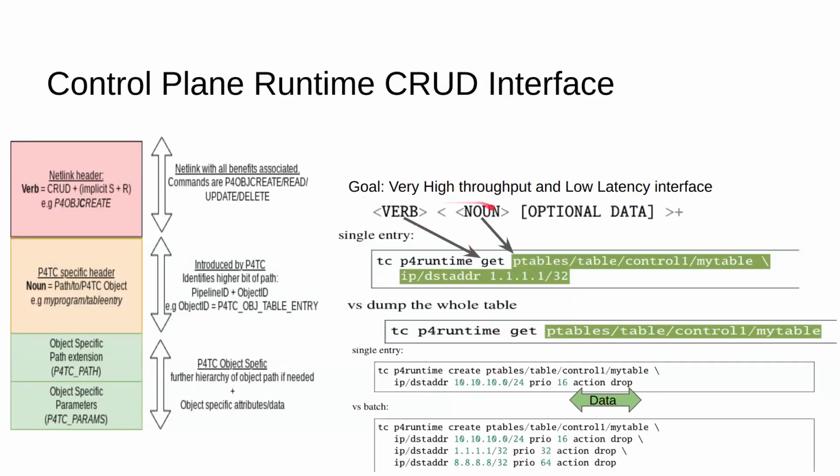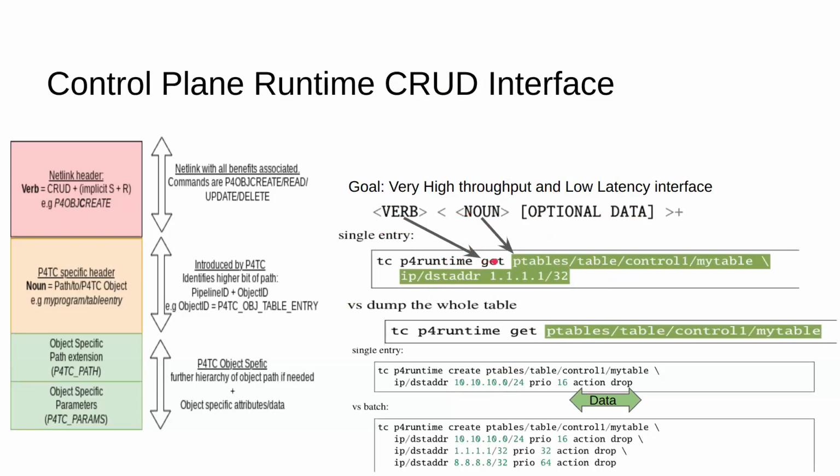There's a verb followed by a noun, optionally followed by data. If I'm doing a create, I'll probably have data. If I'm doing a delete, I don't have the data. If I'm doing a read, I don't have to specify the data. If I'm doing a subscribe, I may have filter data to follow. So this fits very nicely with just a handful, 4, 5, 6 APIs that look exactly like this.